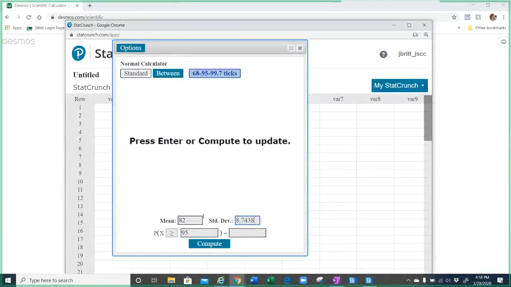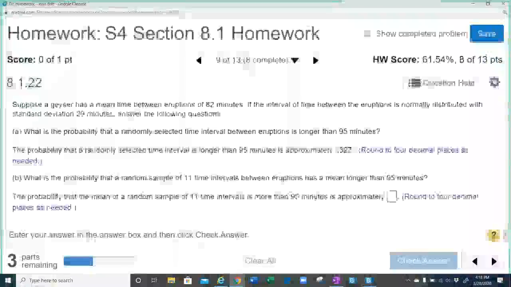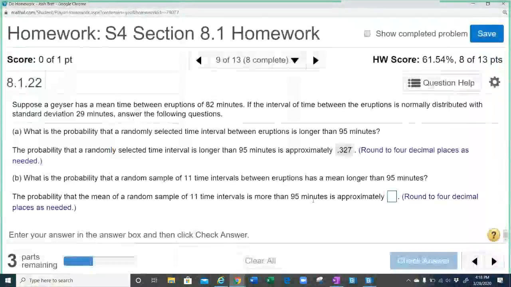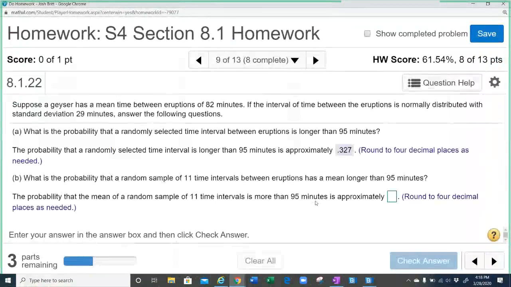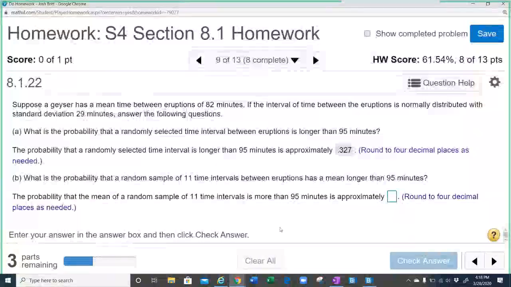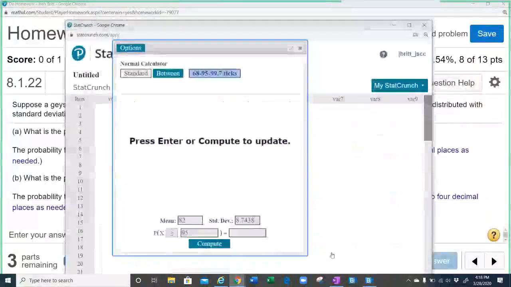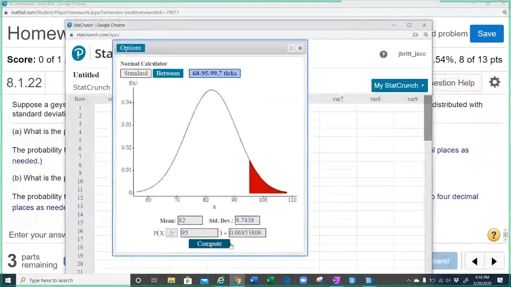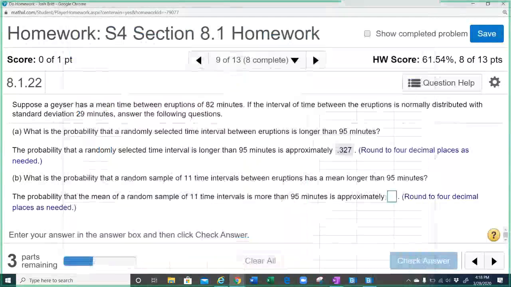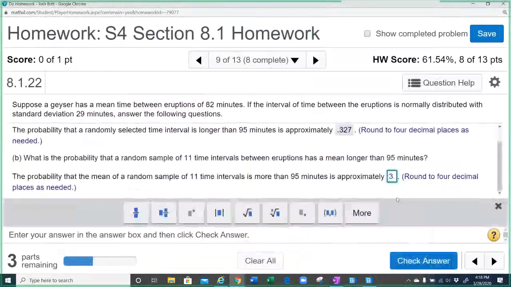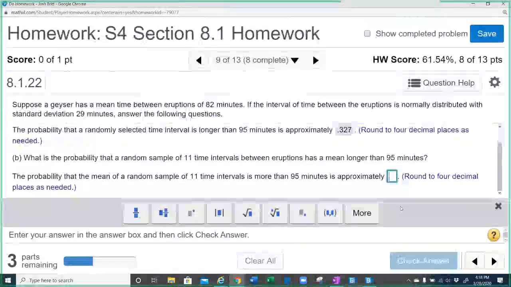And what did we ask? Probability of what? Longer than 95. Okay, so 0685.